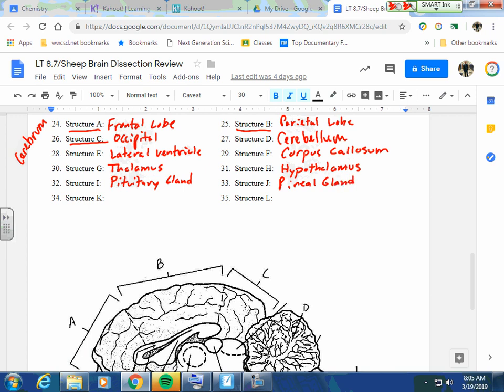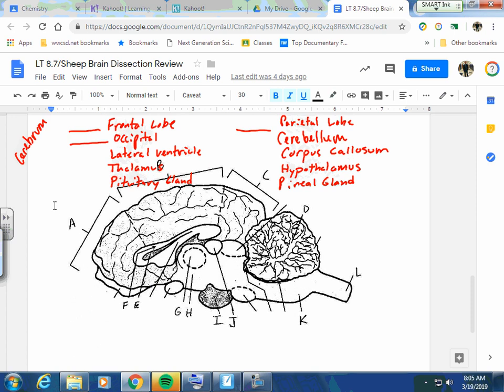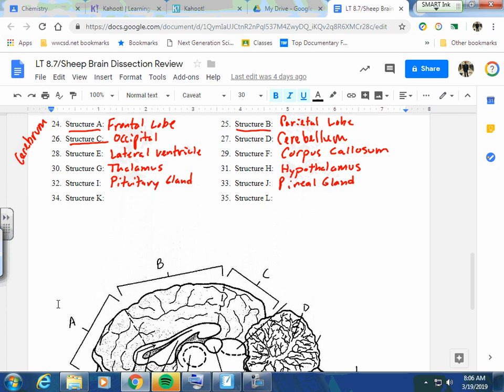And then K and L. We have the medulla oblongata, and then L would be the spinal cord. And that's all, folks.